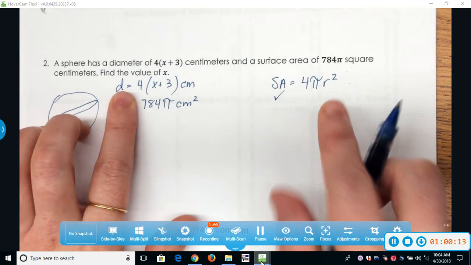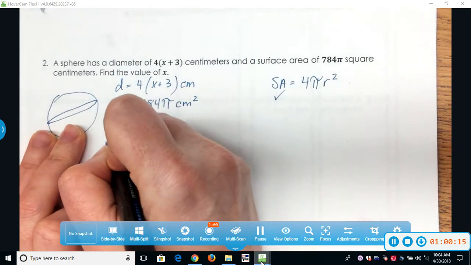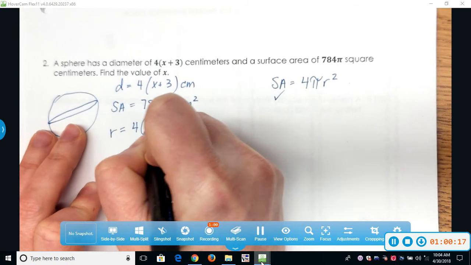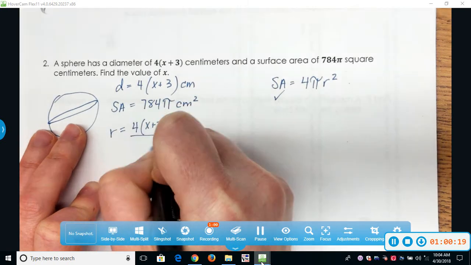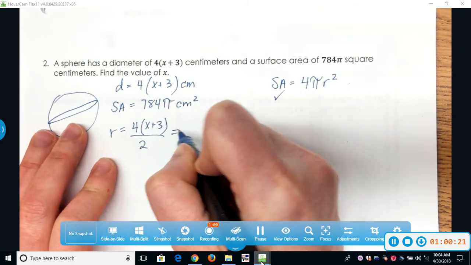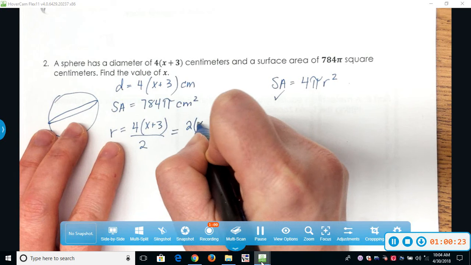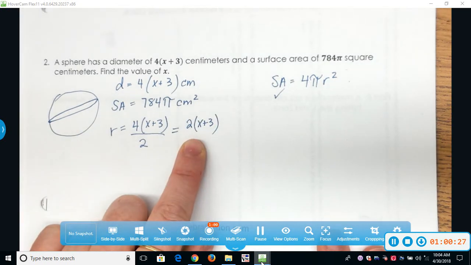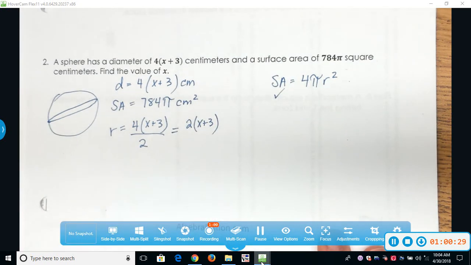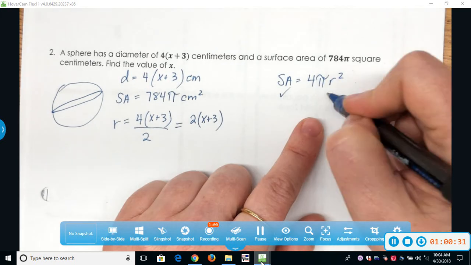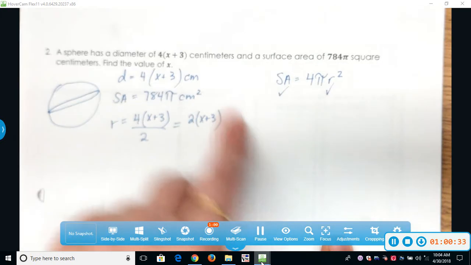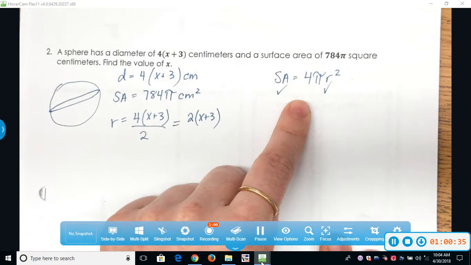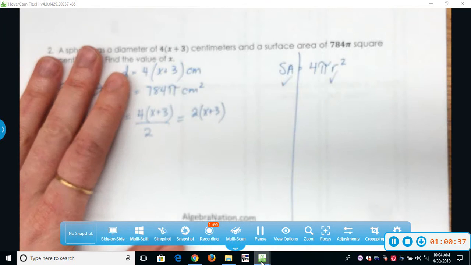I have the diameter, so I'm gonna get the radius by dividing by 2. So my radius is actually 2 times x plus 3. So now I have both pieces of the puzzle, so I can plug it in and algebraically solve this for x.